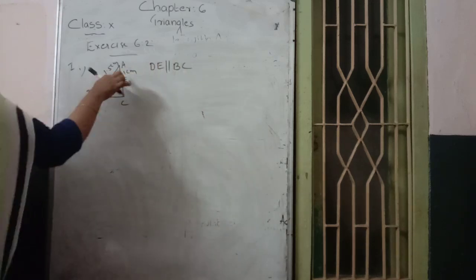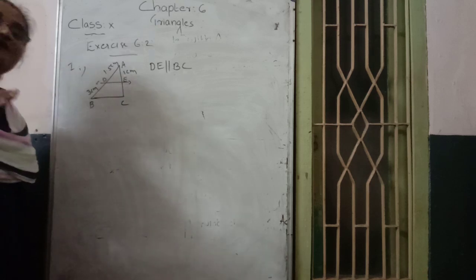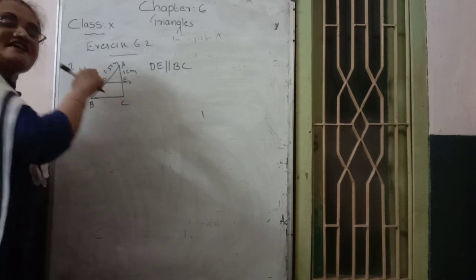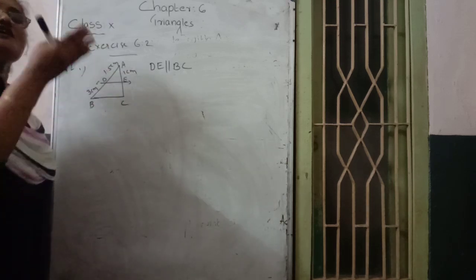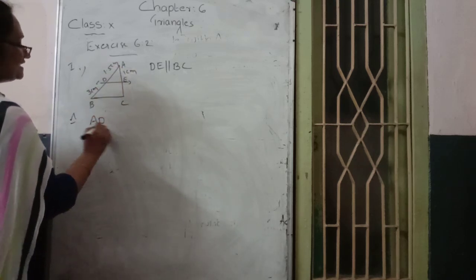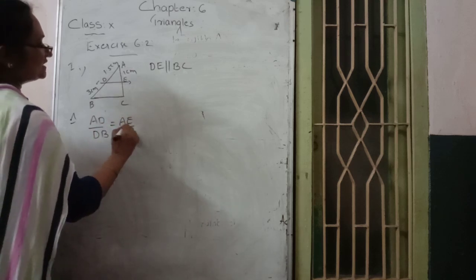The BC side. That's why, to find the EC side value, we apply the BPT theorem. The BPT theorem says that if a line is parallel to the third side of the triangle, it divides the sides in equal ratio. What are the ratios? AD by DB is equal to AE by EC.